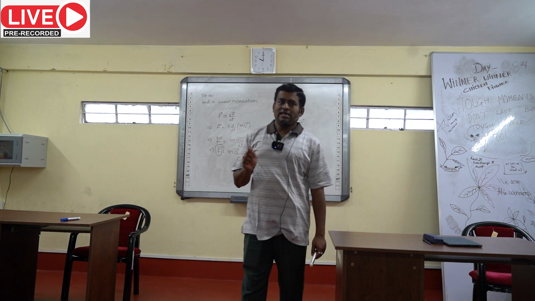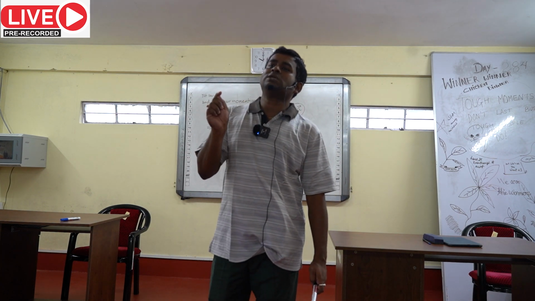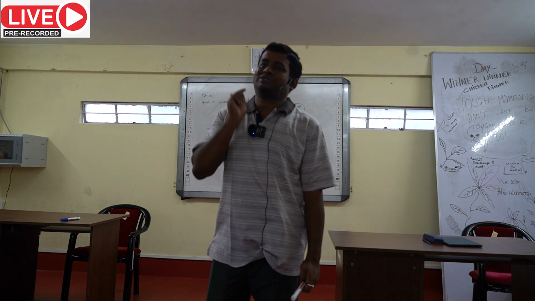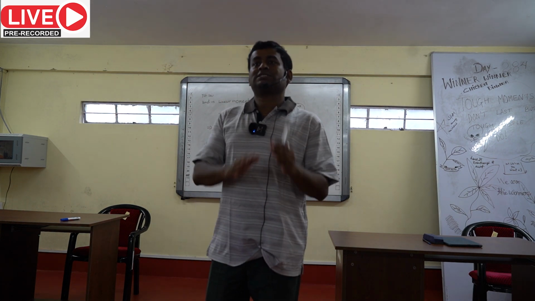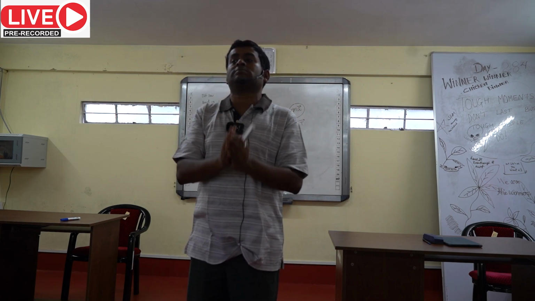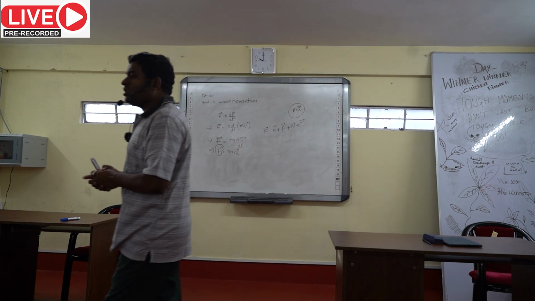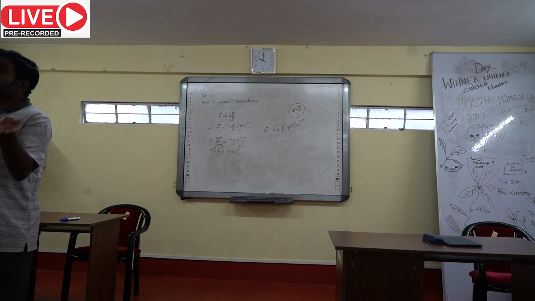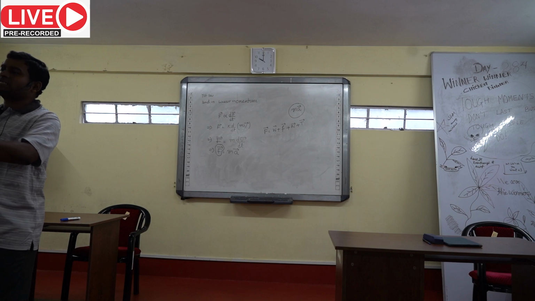ma is equal to the resultant force. It is not a force. The resultant of all the forces is measured in Newton's second law by the product of mass and acceleration. It is not a real force given by some external agent.